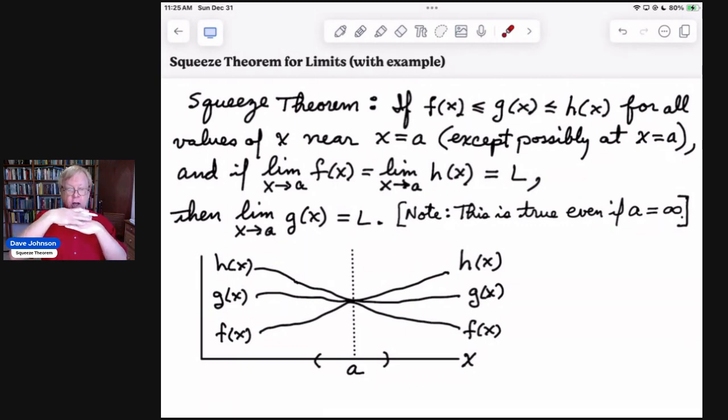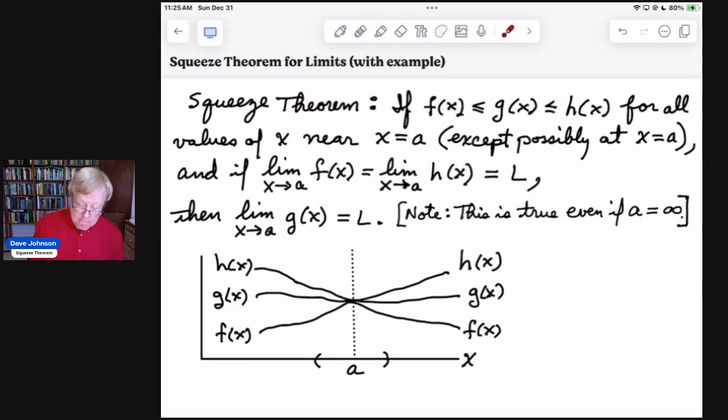If that function is squeezed in there, and I'm going to show you one example in this video of that happening, then whatever the limit is of f of x and the limit of h of x, assuming that they are equal at x equals a, then the limit of g of x as x approaches a has to be the same value. That's what the squeeze theorem says.